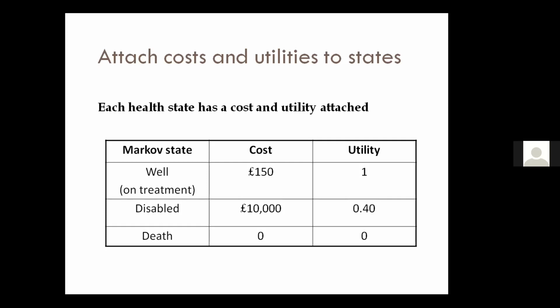And in death, your cost is 0, utility is 0. But this is very simple. Actually, you have many states. I will show an example of a real life scenario.